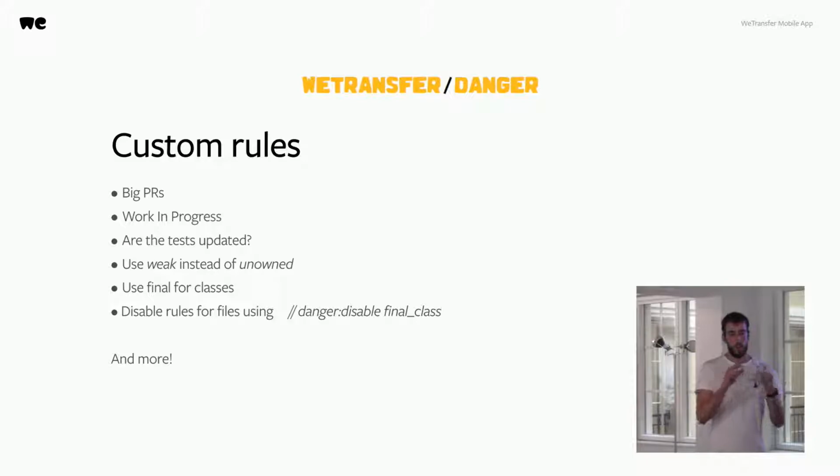So we basically check the line and see if there's a class name in it, and if there's no final in it, then we warn, hey, you have to use final, and so on. We do the same with unowned and weak, where we think that weak self is always safer to use, as you are sure that you will not retain any objects in your closures, for example.